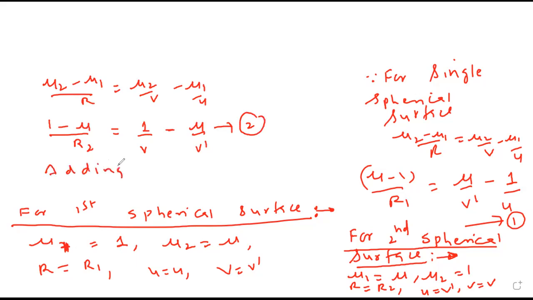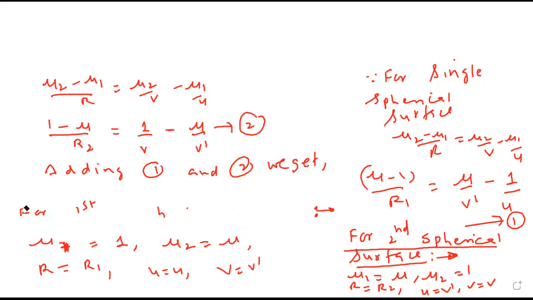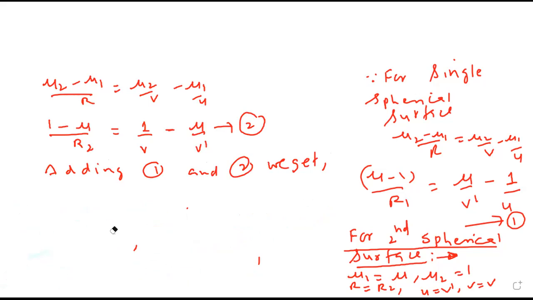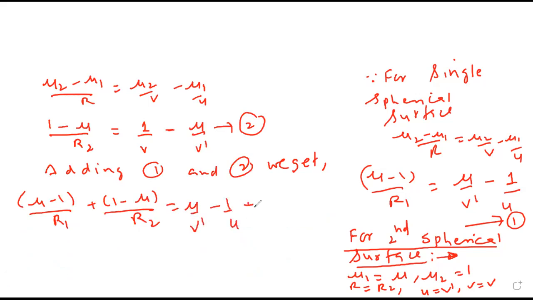Adding 1 and 2, we get mu minus 1 upon R1 plus 1 minus mu upon R2 equals mu upon v dash minus 1 upon u plus 1 upon v minus mu upon v dash.